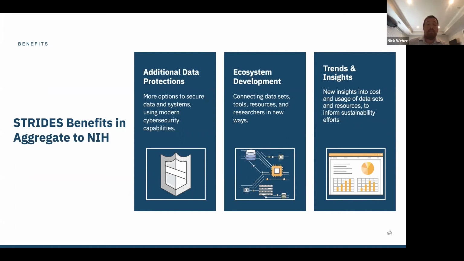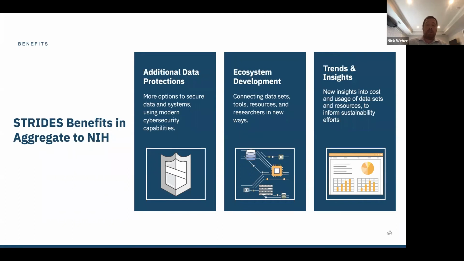I'll say NIH extended to the broad biomedical research community as a whole. What we see, and why we've invested in this, is the opportunity for additional data protection, using some of the best capabilities that exist out there from big Fortune 500 companies whose technologies are used by companies across the globe.